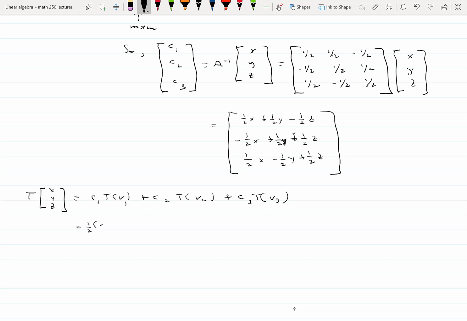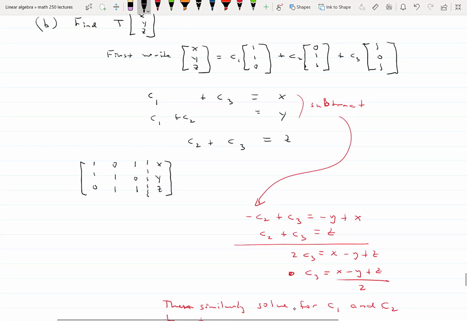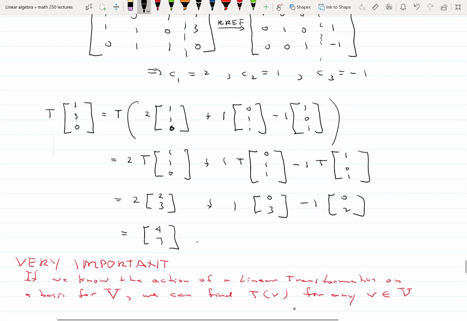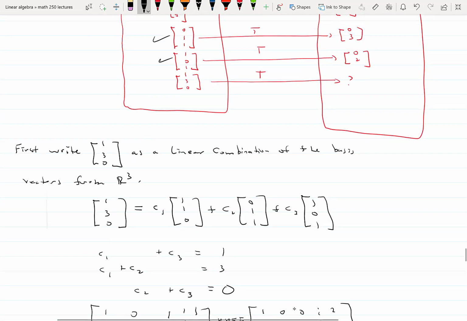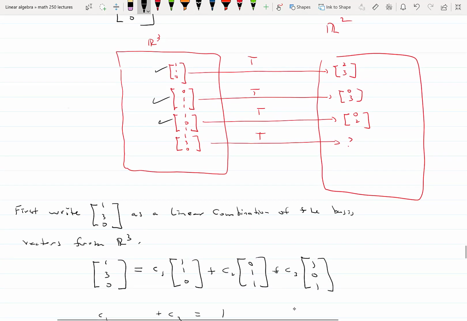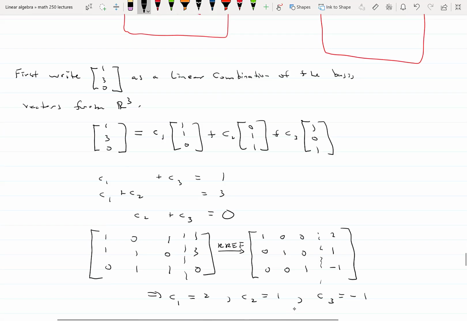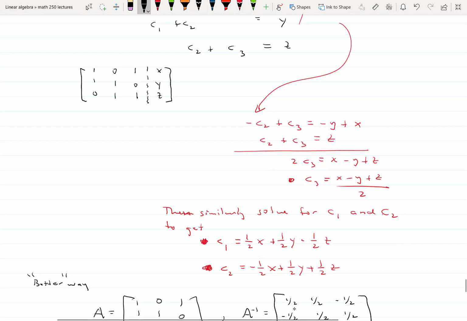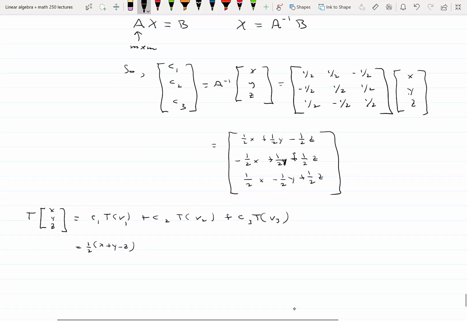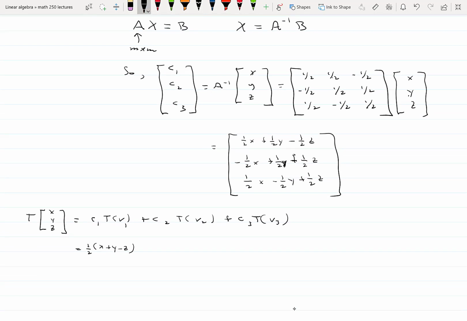Let's factor out the 1/2: 1/2 times x plus y minus z. T of v1, what did the transformation do to v1? It turned it into 2, 3. T of v2 was 0, 3, and 0, 2 was T of v3, where v1, v2, and v3 were the original basis vectors.